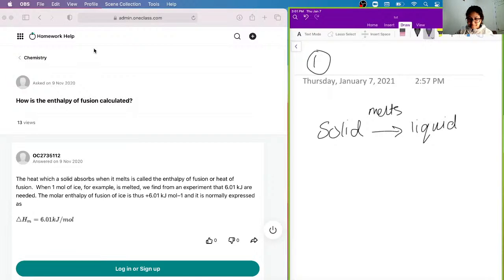It's called enthalpy of fusion, or heat of fusion.